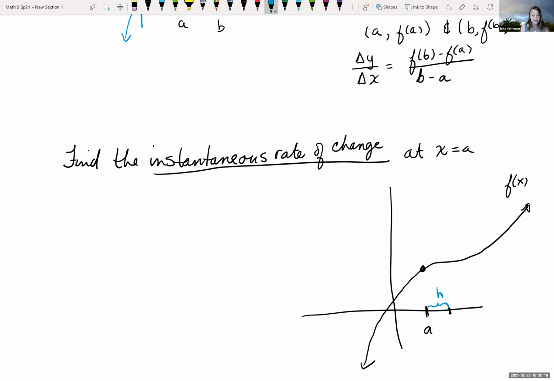And we want this distance H to be pretty small. So if I added this distance H to my X value of A, this point right here is A plus H, right? So I would take this A value plus my H value, that would be A plus H. So my Y value there is f of A plus H. And my Y value at A, this point right here, is f of A.